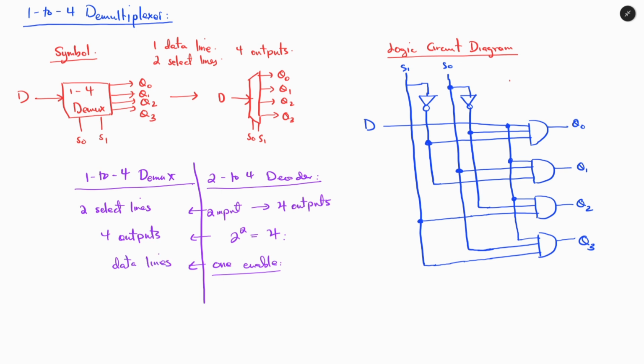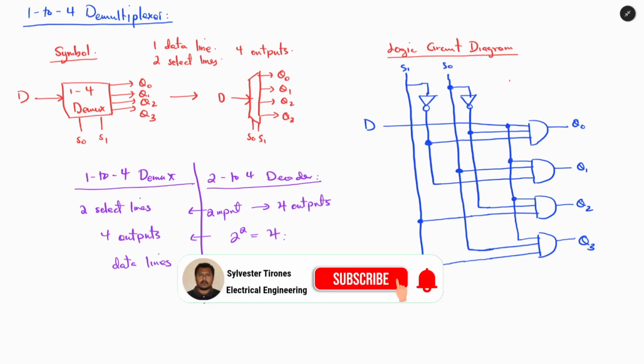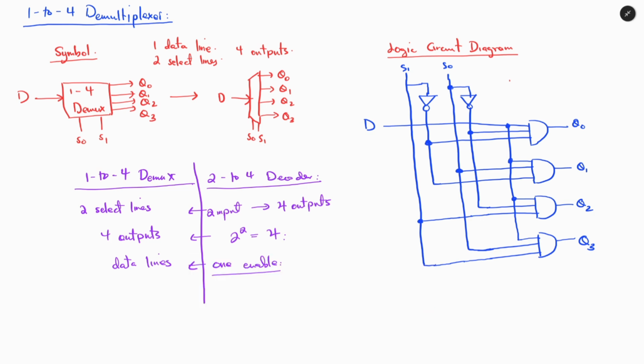These are the differences that can be found, that sometimes this 1 to 4 demultiplexer can act as a 2 to 4 decoder, and these select lines can act as inputs. If we apply some input data to the select lines, it can act as a 2 to 4 decoder. But the difference is that the data line, which carries data in the 1 to 4 demultiplexer, will only act as an enable in a 2 to 4 decoder.